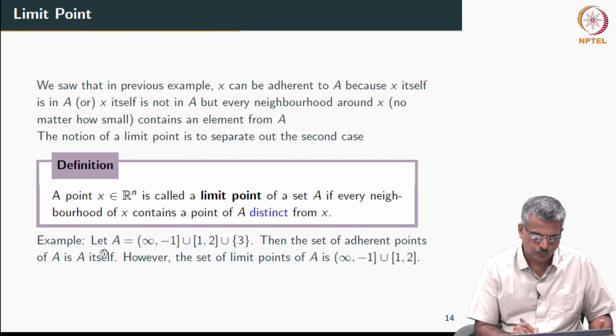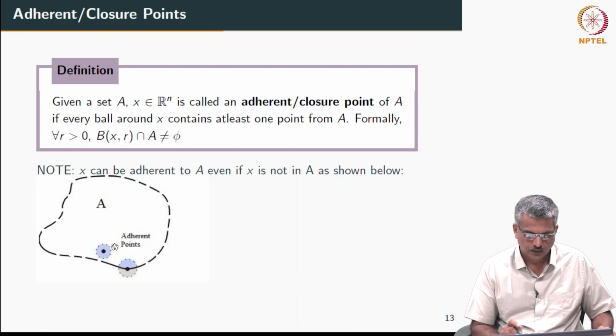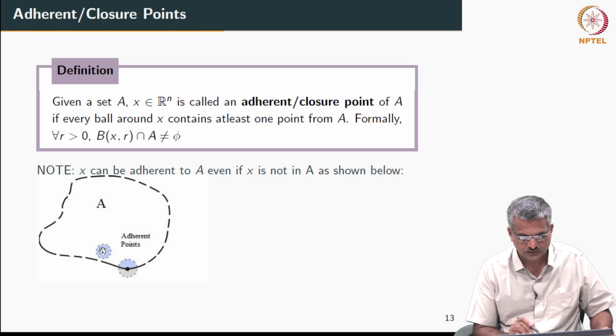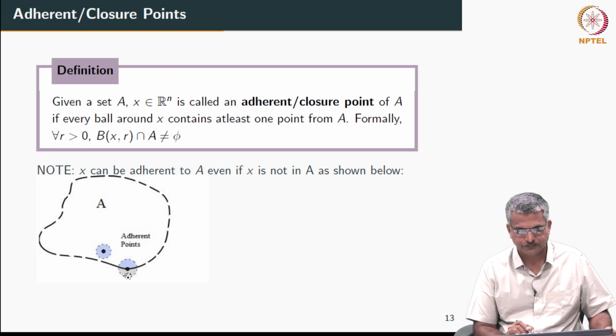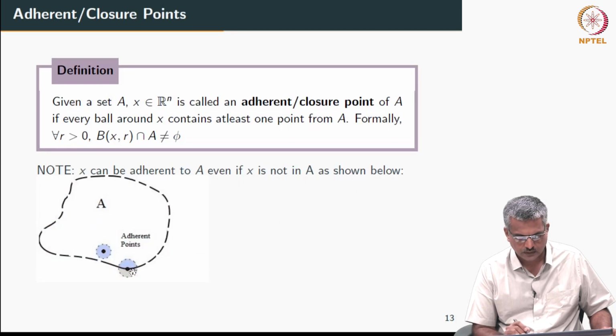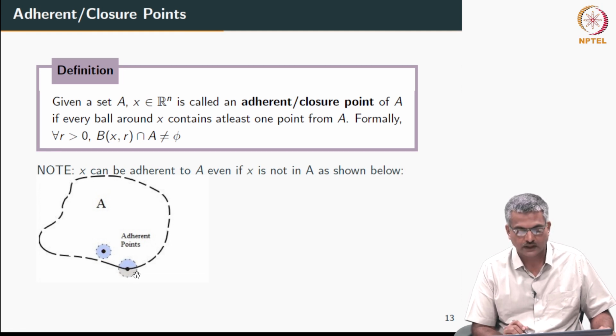Now obviously, if you take a point inside the set, then every neighborhood of this point contains an element of the set A. However, if you take a point outside, then no matter how small the ball you choose, you will never be able to find points of A. If you take a point on the boundary, then any ball around this point will contain at least one point of the set A. So, in that way the point sitting on the boundary is also an adherent point.